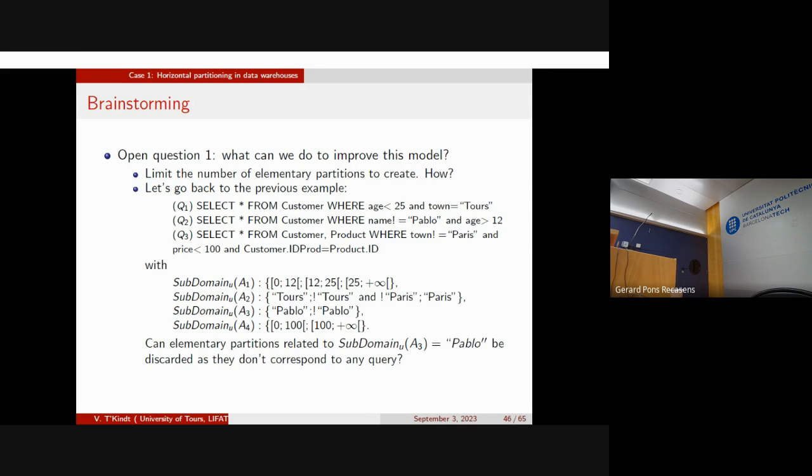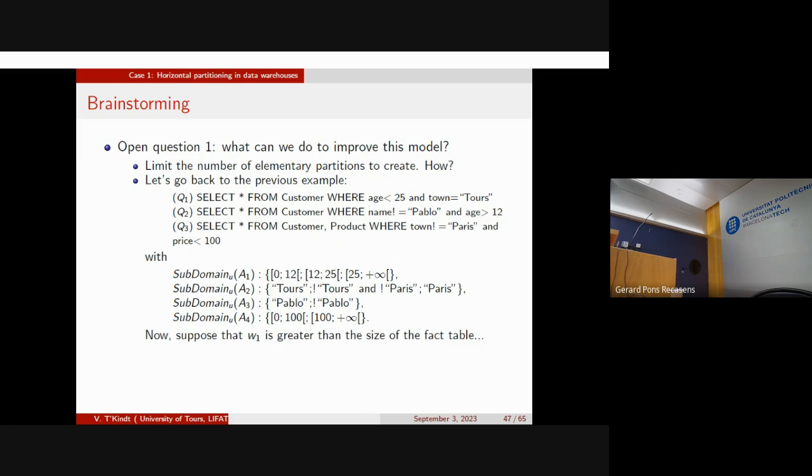So could we eliminate all the elementary partitions in which we have Pablo, because we're not interested in having Pablo? That's a terrible idea. If you do that, you discard some rows that may be part of the two other queries. So you can't do that. Oh, okay, bad idea.